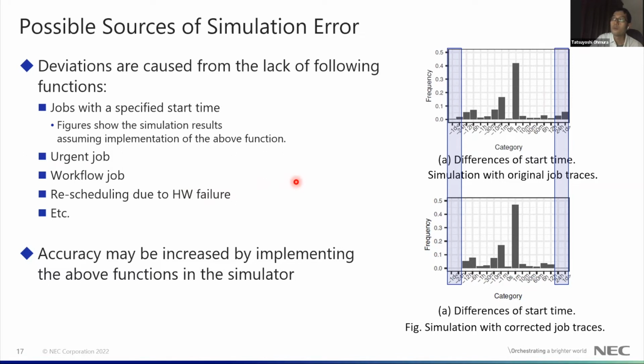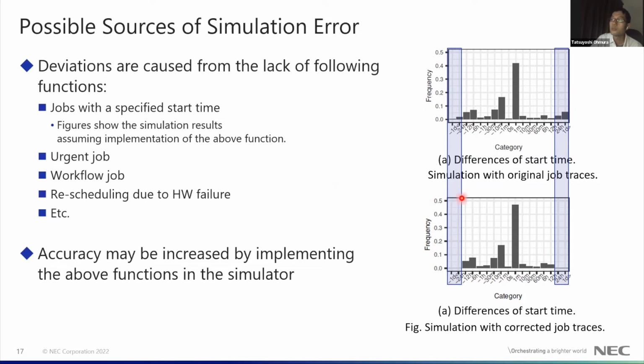However, the use of this function is not recorded in job data. So we collected the data so that a job using the function is considered as if it was submitted at the scheduled start time. The lower figure on this slide shows the simulation result with the data modification.